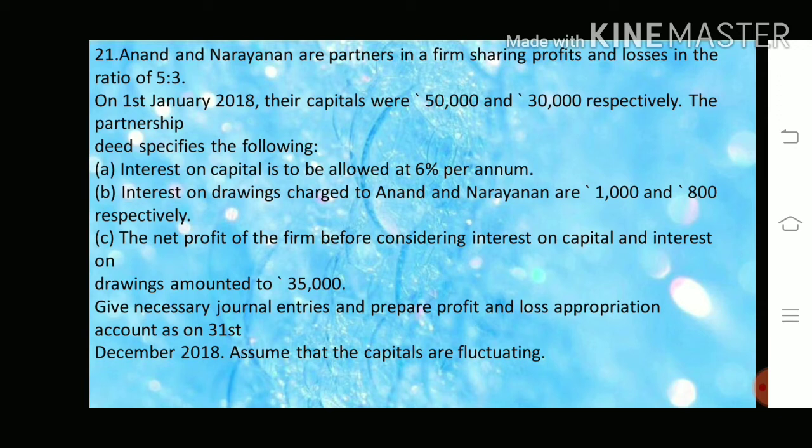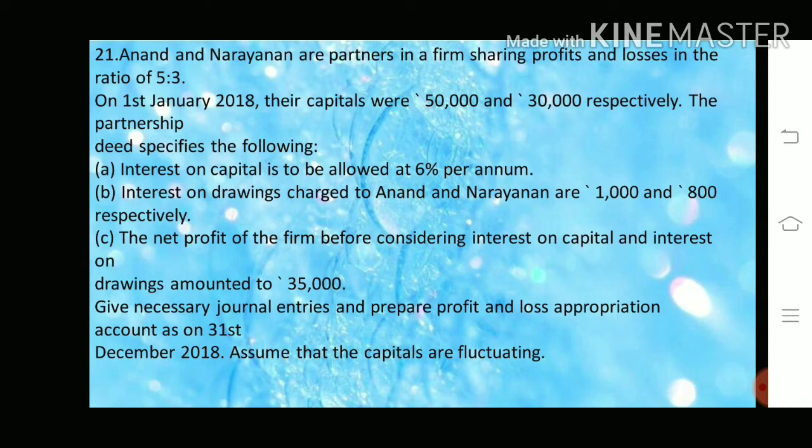Under the first one, interest on capital is to be allowed at 6% per annum throughout the year. Interest on drawings is charged to Anand and Narayanan at 1,000 and 800 respectively.